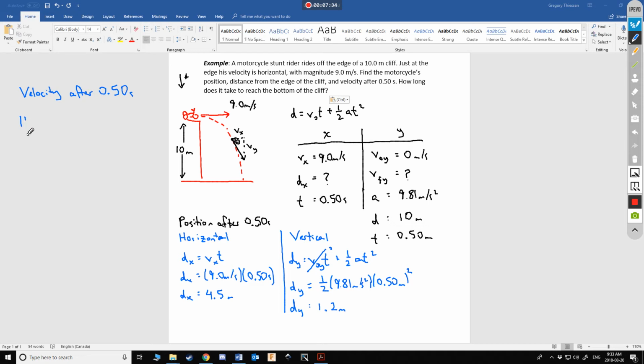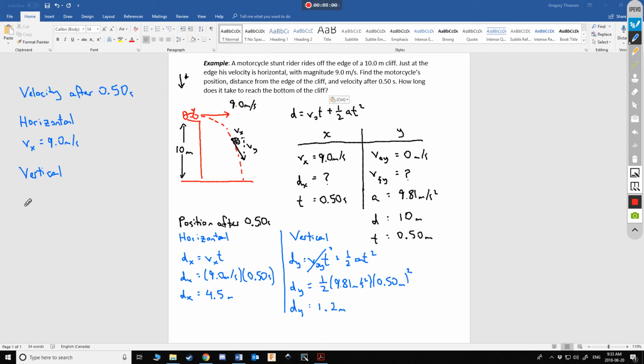So if I look at horizontal, and key idea, velocity in the x direction does not change because there is no acceleration in the x direction. So I know Vx is still 9.0 meters per second. In the vertical direction though, we do know it is speeding up. It's getting faster.